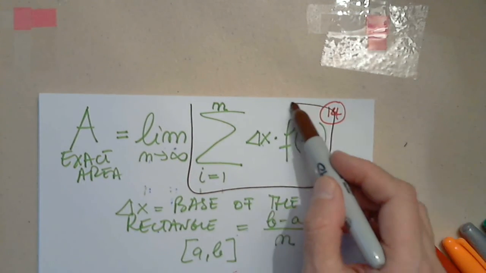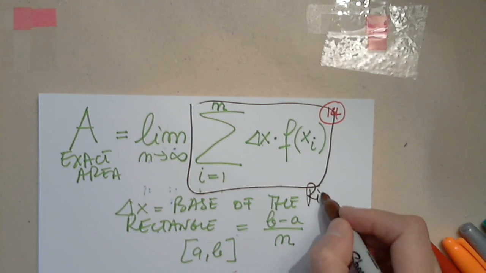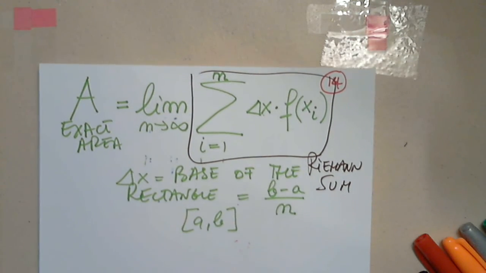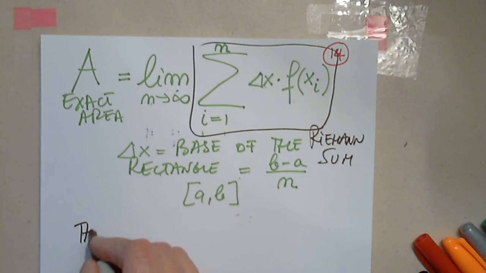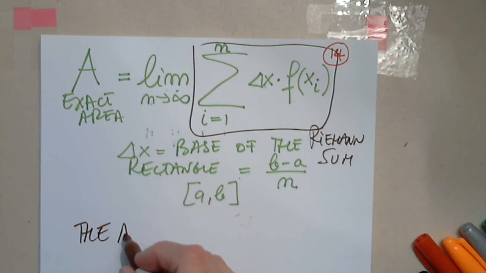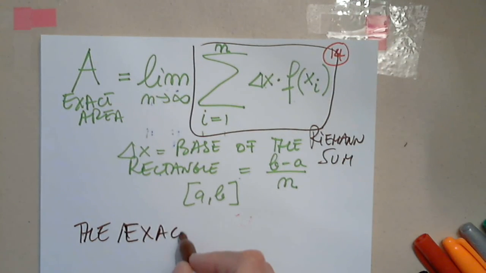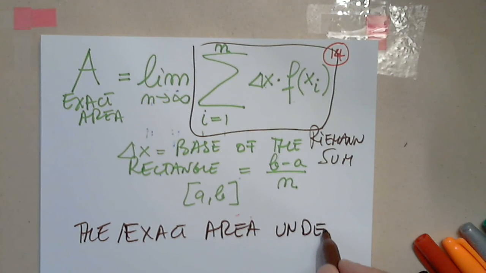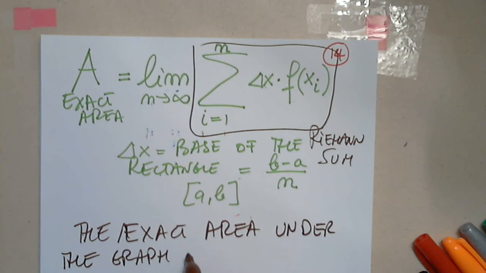This is called the Riemann sum. So the exact area under the graph is the limit of the Riemann sum.